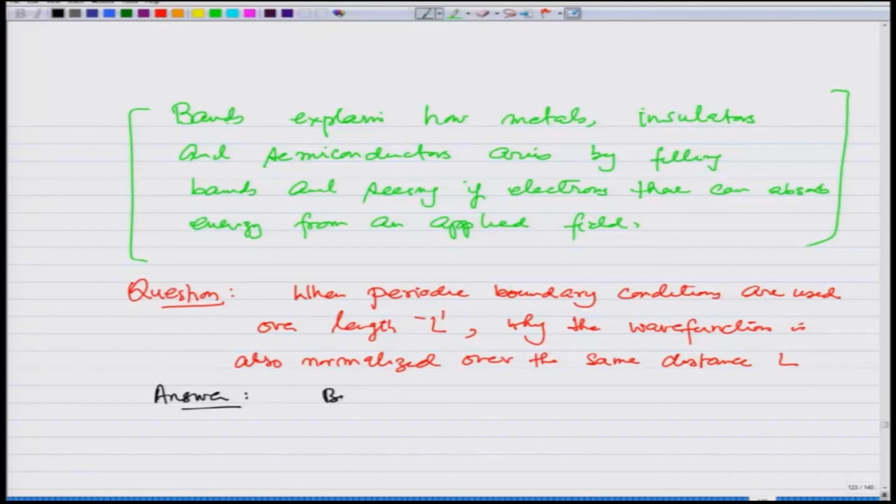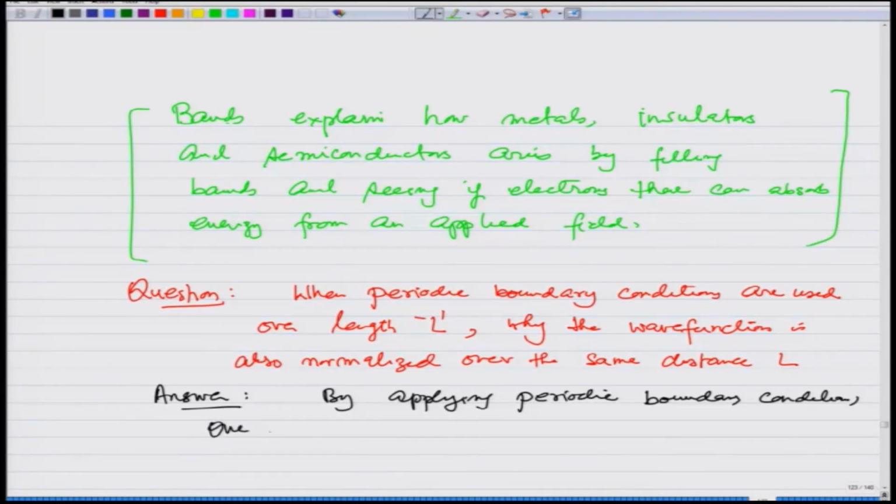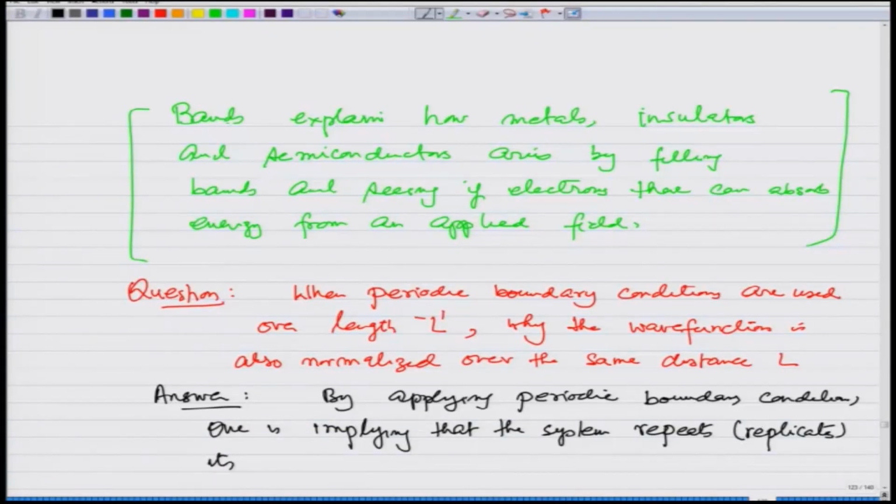And the answer is that by applying periodic boundary conditions, one is implying that the system repeats, or a better word is replicates itself over that length L, where the periodic boundary conditions are applied.